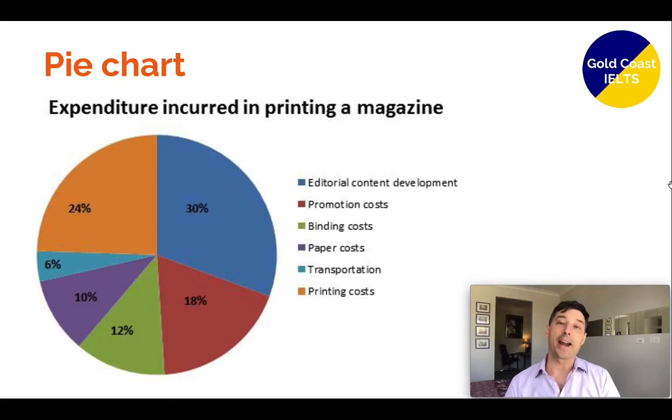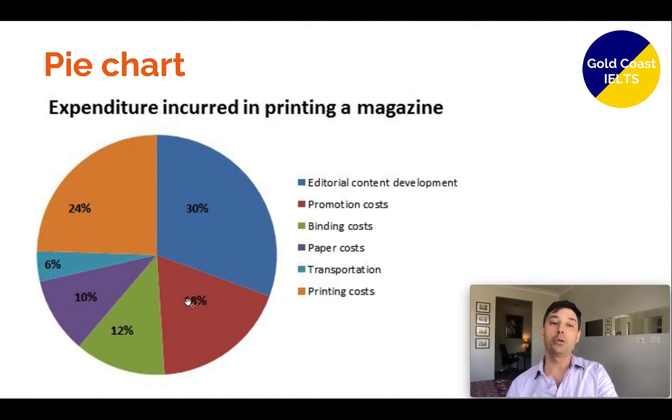So here's a pie chart, and I think this is from another video I made, but it is quite complicated. How can we find the key trend? So if this was me, I would look at the chart, and the first thing that I would see is orange, blue, and red are really big. Blue, purple, green are really small.